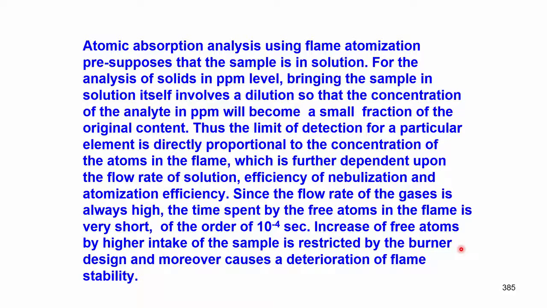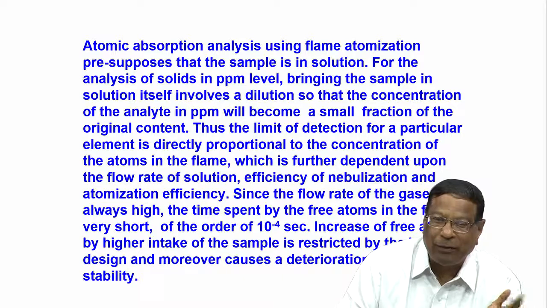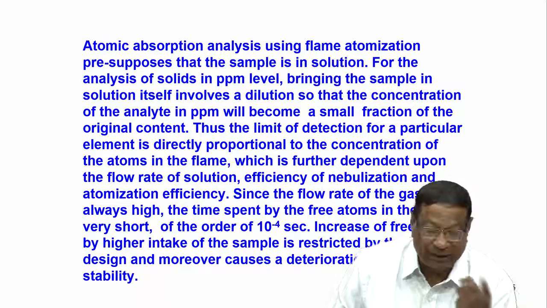So, the limit of detection for a particular element is directly proportional to the concentration of the atoms in the flame. This is understood because the limit of detection will always depend upon the concentration of the sample in the flame. The more sample I have in the flame, the better it will be detected.